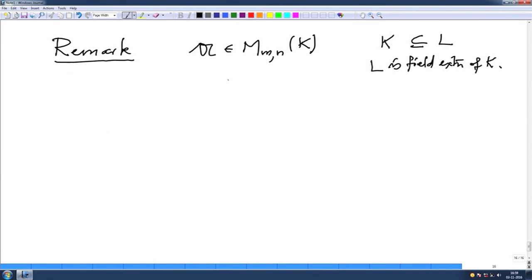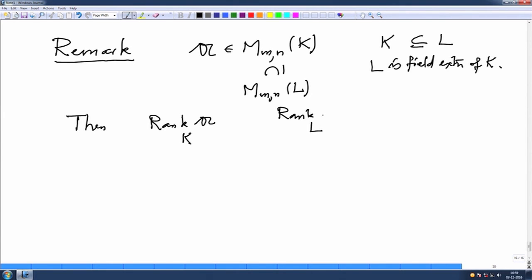Then obviously I can also consider this as a matrix contained in M_{m,n}(L). This is a matrix with entries in L also. Typically a rational matrix you can think of as a real matrix, or as a complex matrix. Then the rank of A considered as a matrix over K, and the rank of A considered as a matrix over L, these two ranks are the same.